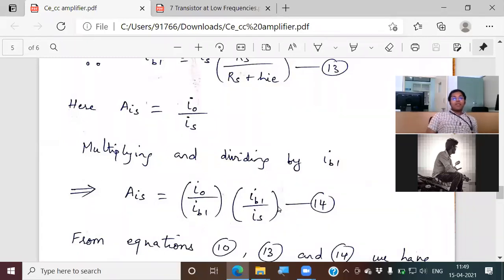Can anyone tell me why I am doing this? Please answer. What is I naught by IB1?